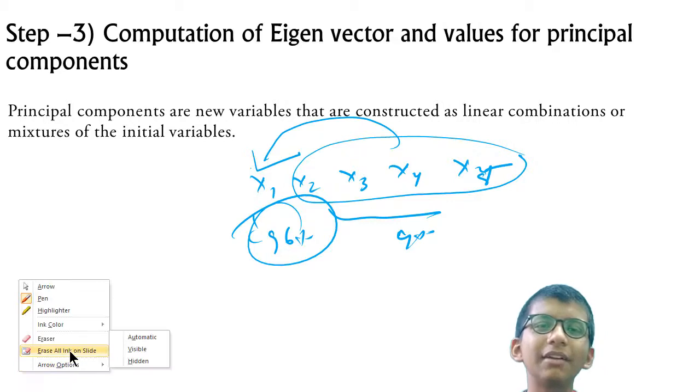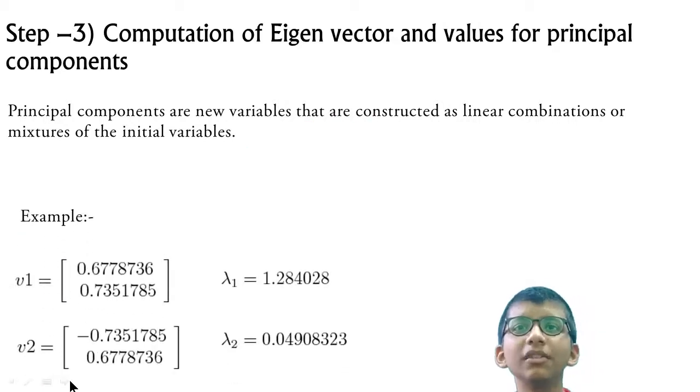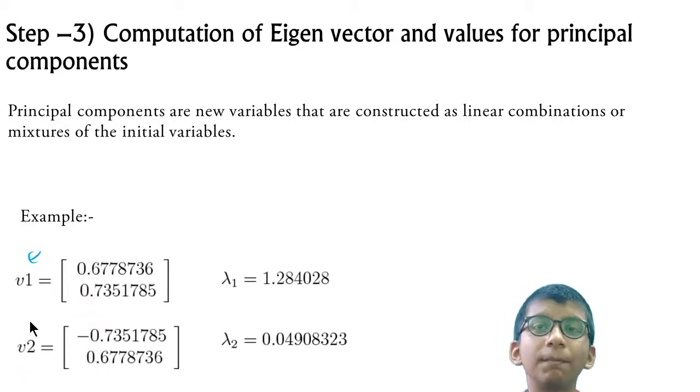For more clarity, let's take an example. Here we have v1 and v2, and we have taken out the eigenvalues lambda 1 and lambda 2. We take the eigenvalues in descending order, so lambda 1 is greater than lambda 2.